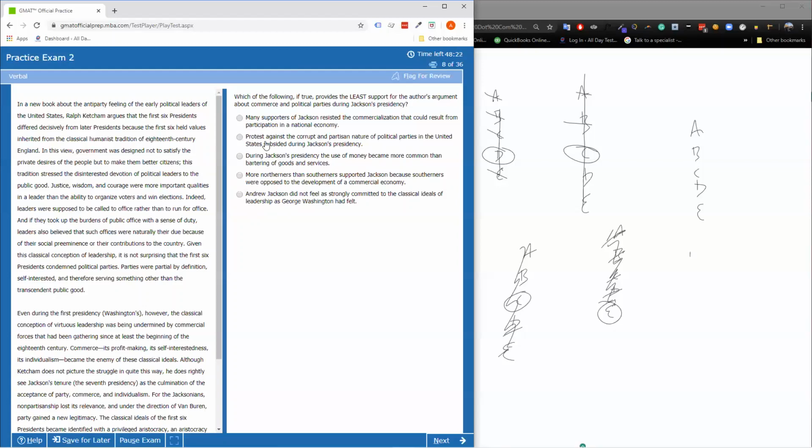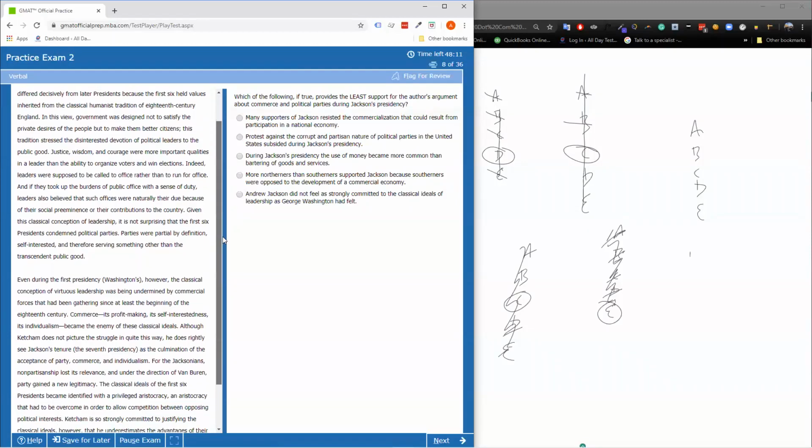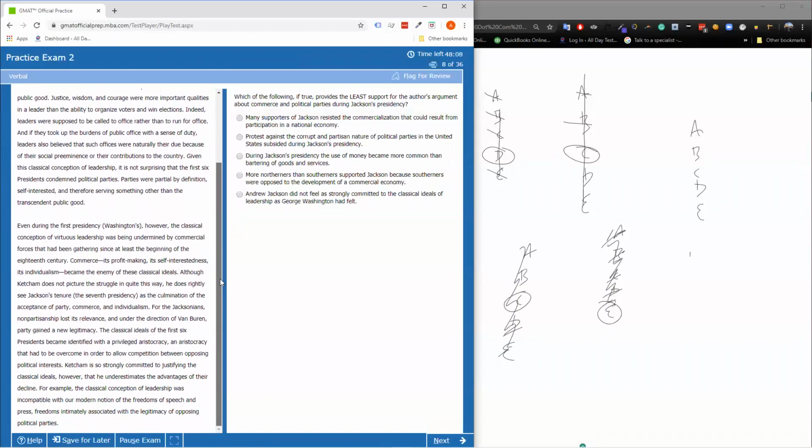Protest against the corruption of the political system subsided during Jackson's presidency. During Jackson's presidency, the use of money became more common than bartering for goods and services.